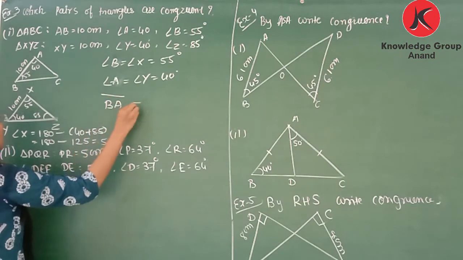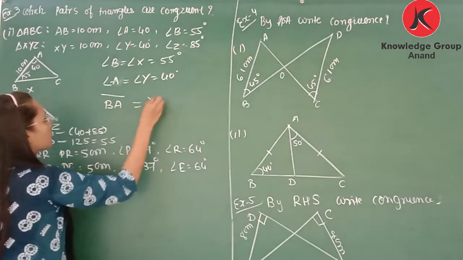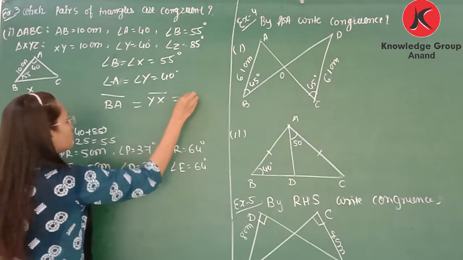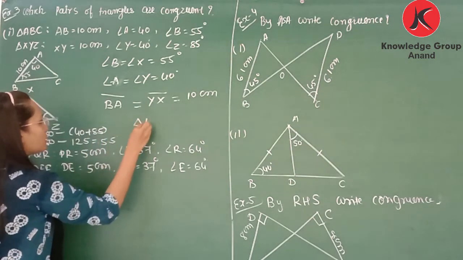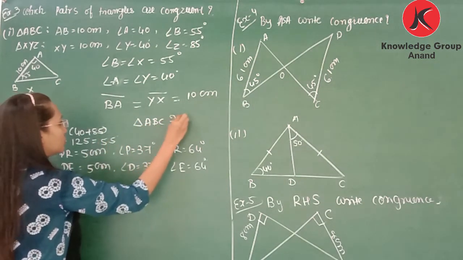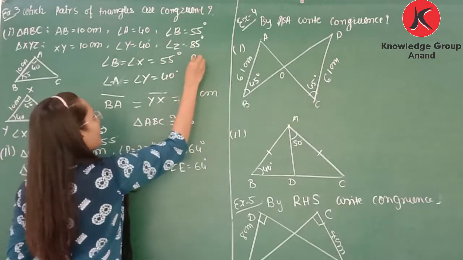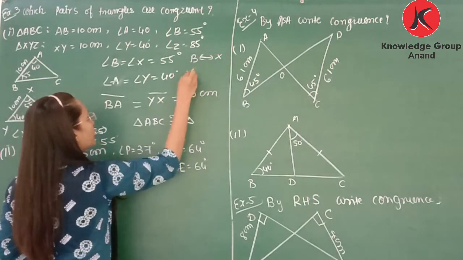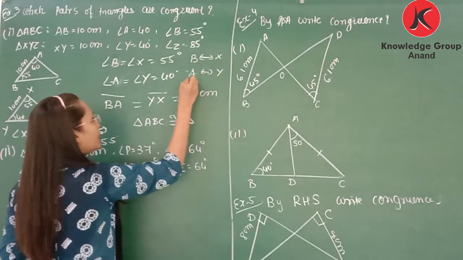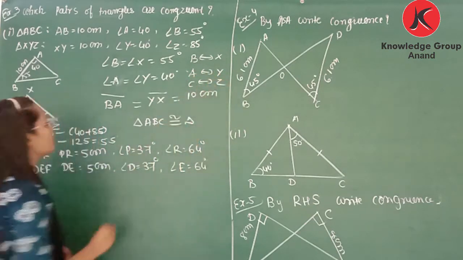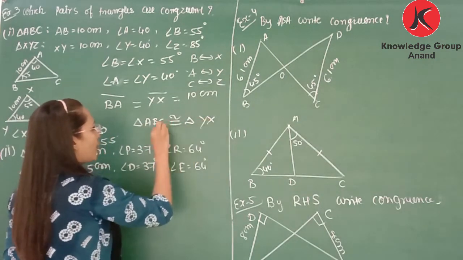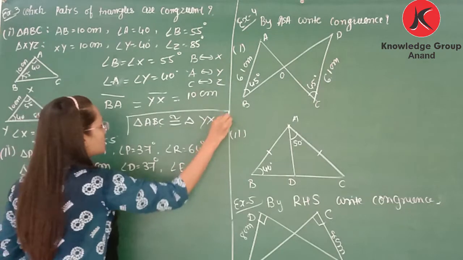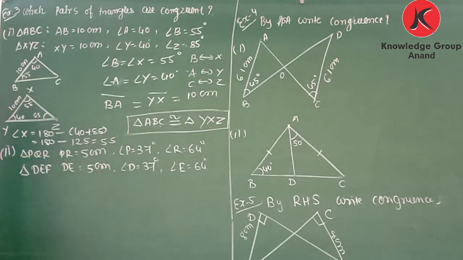BA is equal to YX is equal to 10 centimeters. So the correspondence will be: B corresponds to X, A corresponds to Y, and the remaining C corresponds to Z. So we can write A corresponds to Y, B corresponds to X, and C corresponds to Z. So this is the symbolic representation of congruency.